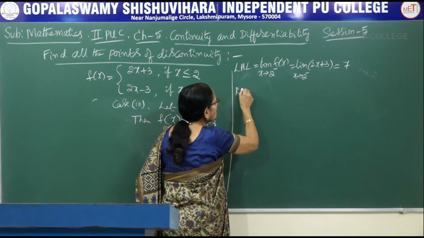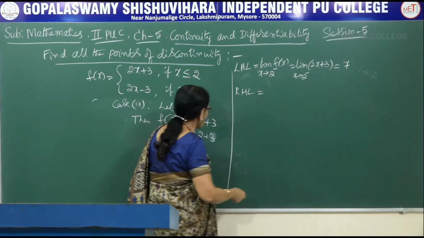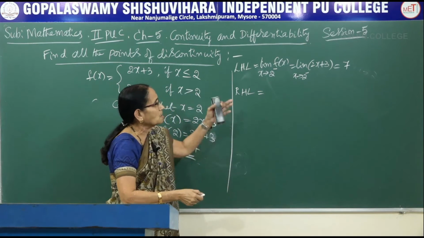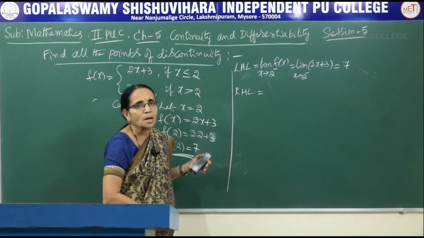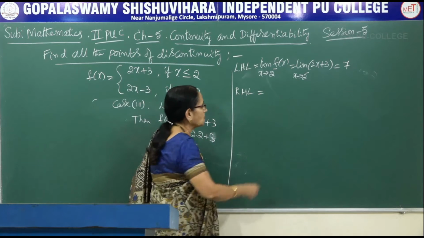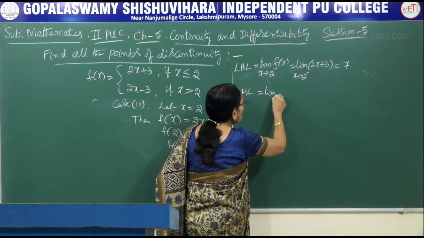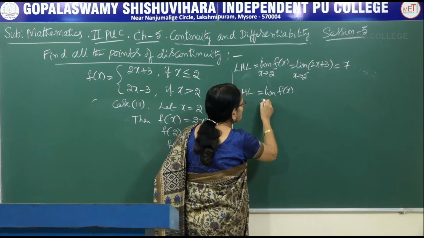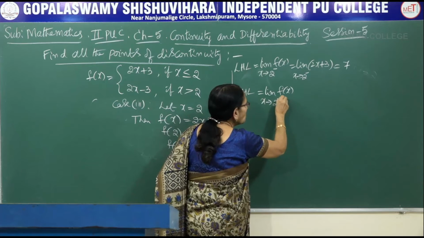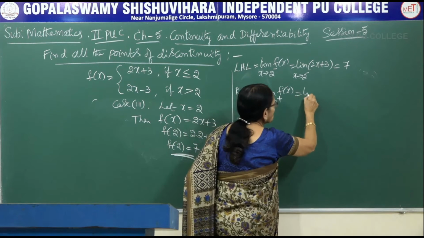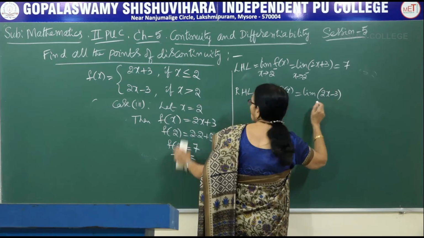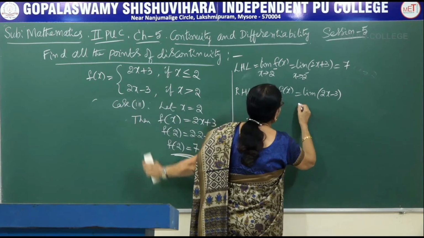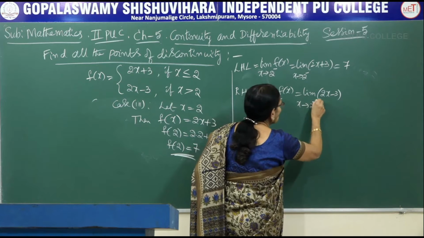Here we cannot come to the conclusion, because the left hand limit is also 7. After we know the right hand limit, we can come to the conclusion. Now, limit of f of x as x tends to 2 plus is equal to limit of 2x minus 3, as x tends to 2 plus.